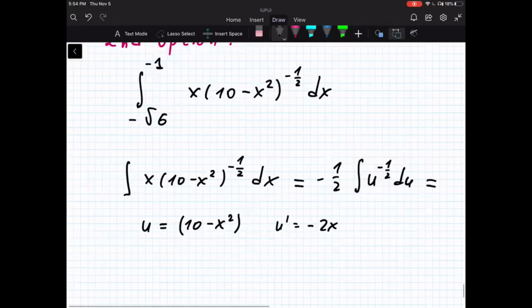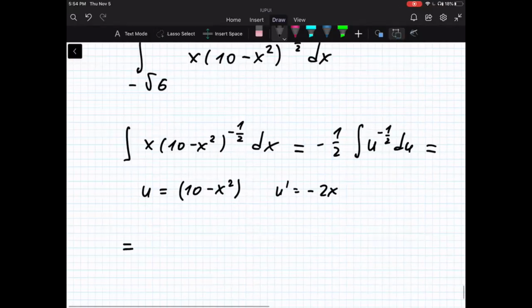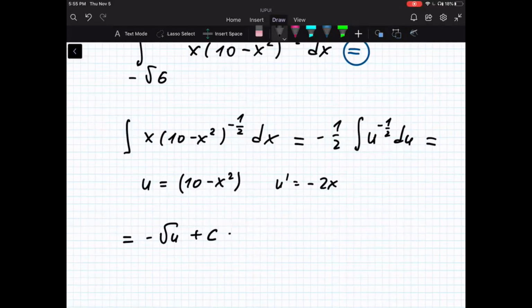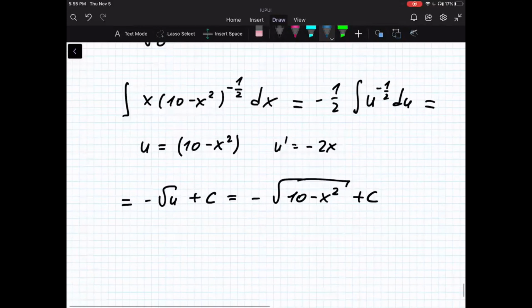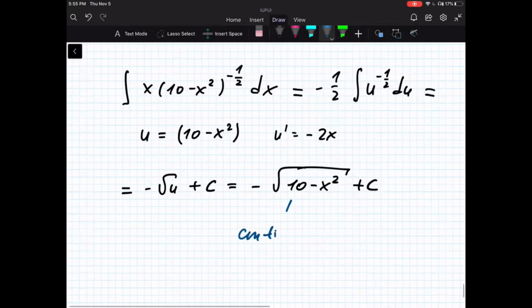And using general power rule, I obtain that it is minus square root of u plus some constant. And if I substitute back, I'll get that it is minus square root of 10 minus x squared plus some constant. So what I got? I got antiderivative for my function. So this is antiderivative. Let's call it capital F of x.